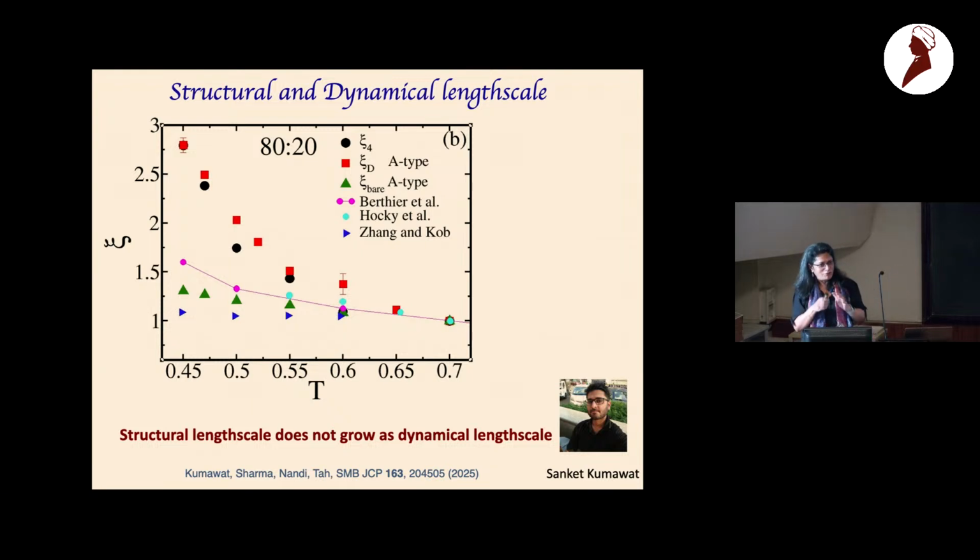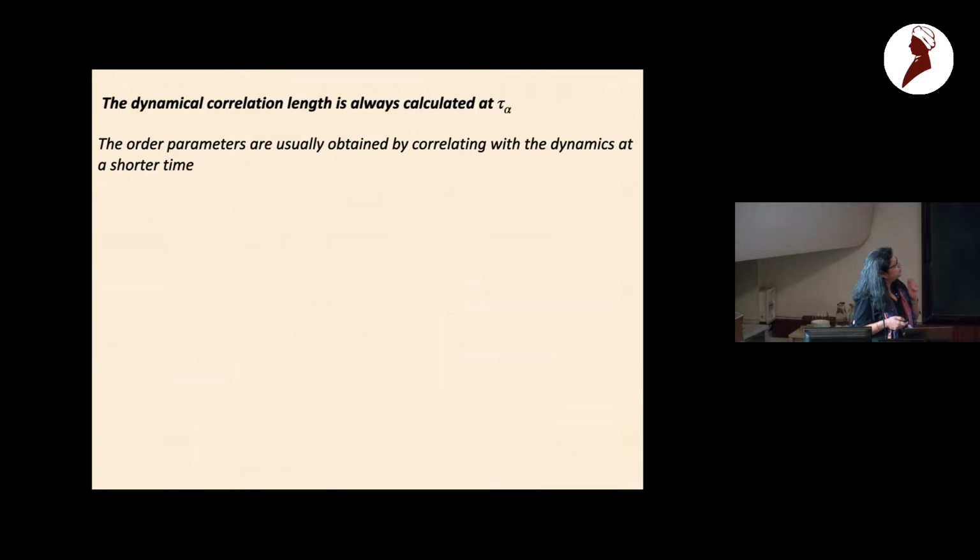I'm sure all of you are happy up to this point, that I have shown the static length scale not growing like the dynamic length scale. Now, something I want to mention: the dynamical length scale is always calculated at tau alpha, right? When we are looking at an order parameter, we are mostly looking at how it is connected, at least we did it with the short time dynamics of the system and not the long time dynamics.